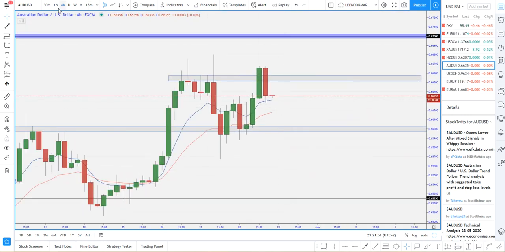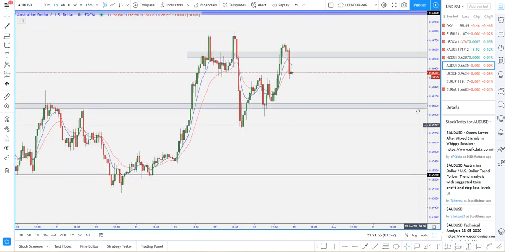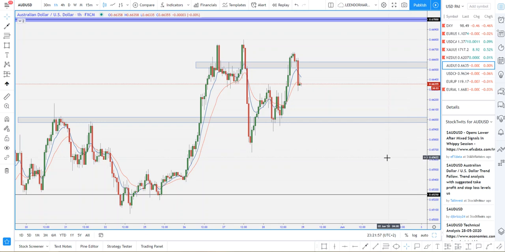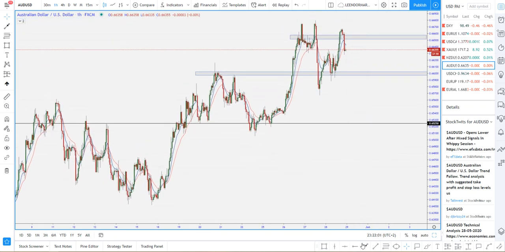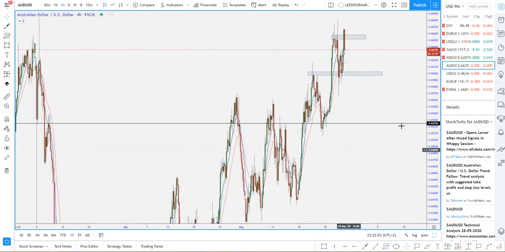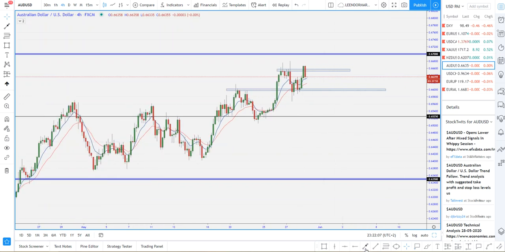So I'm going to be zooming into a smaller time frame to understand possible areas of entries that I can use. So I can then pull out other tools that I have. I can even go to the H4 to see what I have on this chart. I can maybe start drawing trend lines from the bottom. Maybe do that.